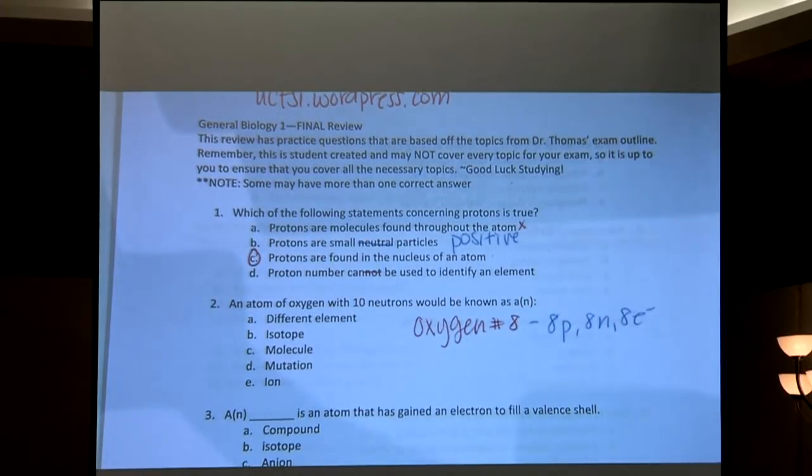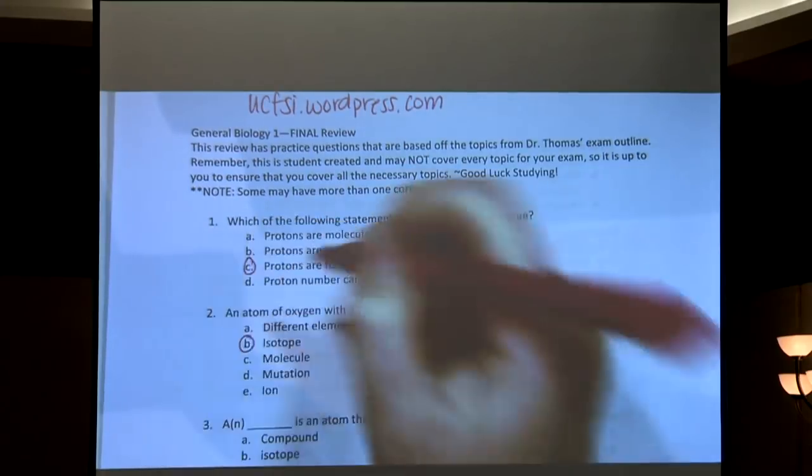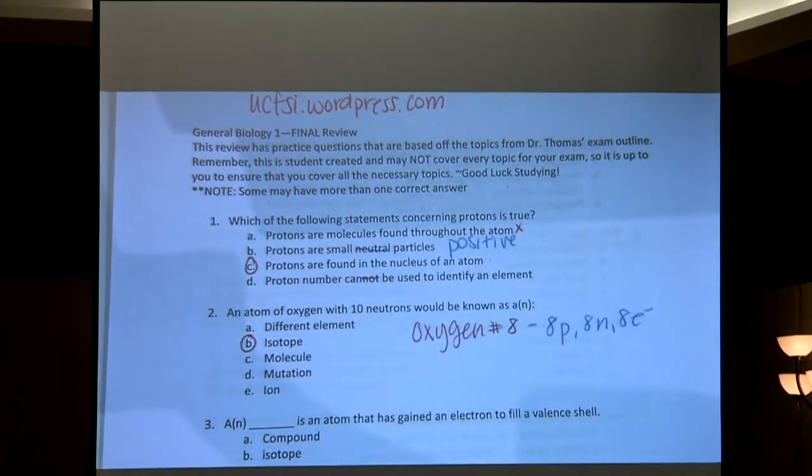Since we have 10 neutrons in this case, should it be considered a different element, an isotope, a molecule, a mutation, or an ion? What do you think? Good. I heard isotope, and that's correct.